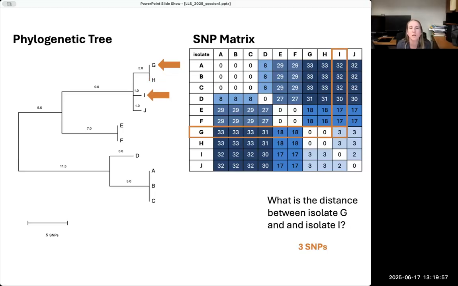Okay, so let's look at another one. If we want to know the difference between G and I, find the row for G and the column for I. The matrix tells us it's 3 SNPs. And if we want to do that on the tree, again, we would just follow from G to I. So we go along this branch, and that branch is 2 SNPs in length.